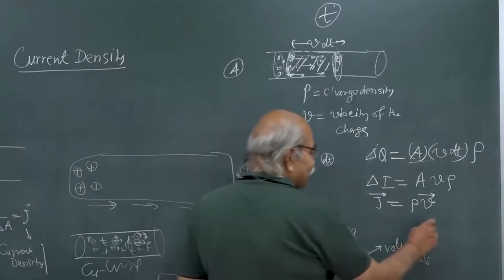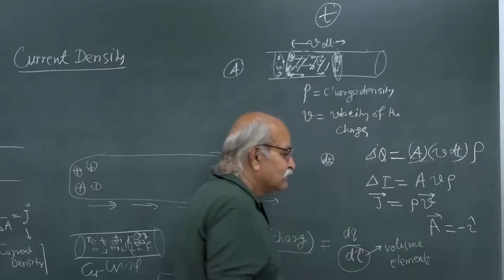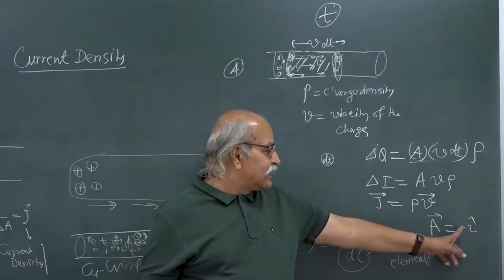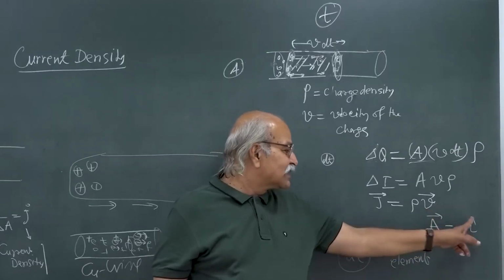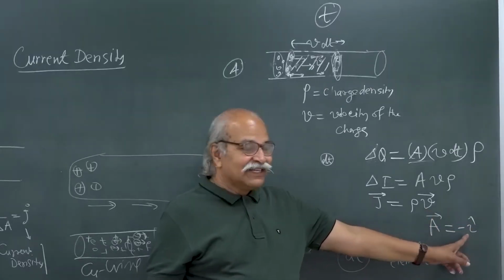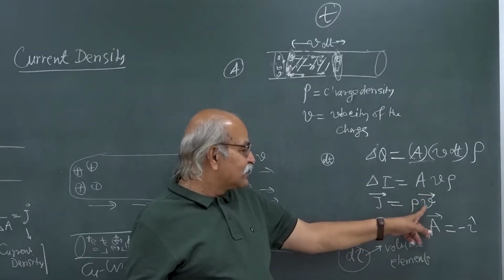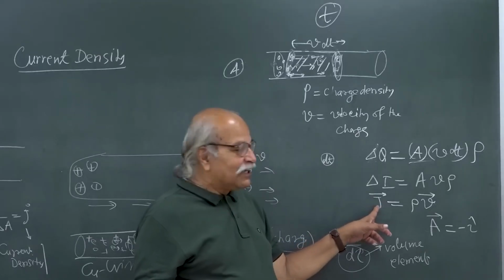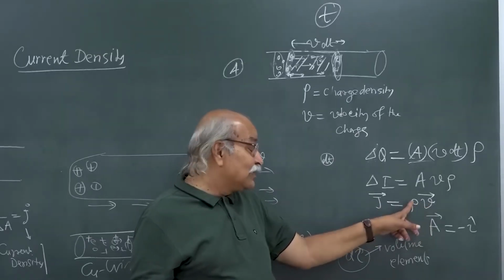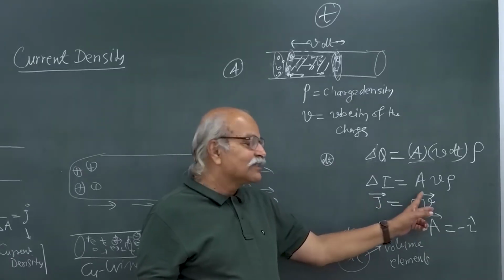If I write some vector as minus i cap, if I multiply it by a negative quantity, then the direction of the vector is opposite to the direction of this i cap vector. If this rho is positive, good. Whatever is the velocity direction, that is the same as the current density direction. But if this rho is negative, then this J is opposite to the direction of the velocity.